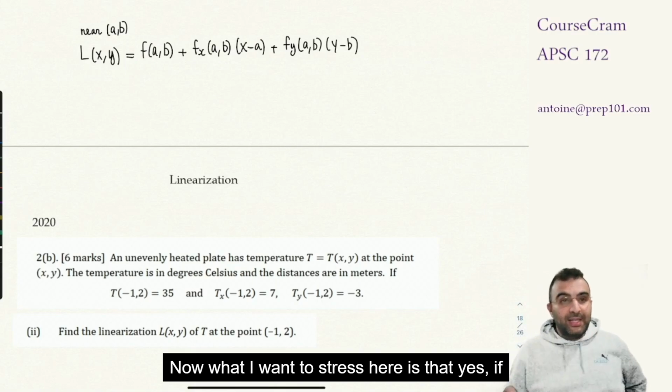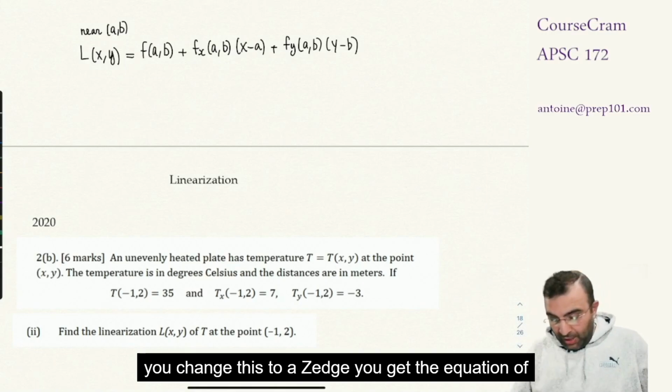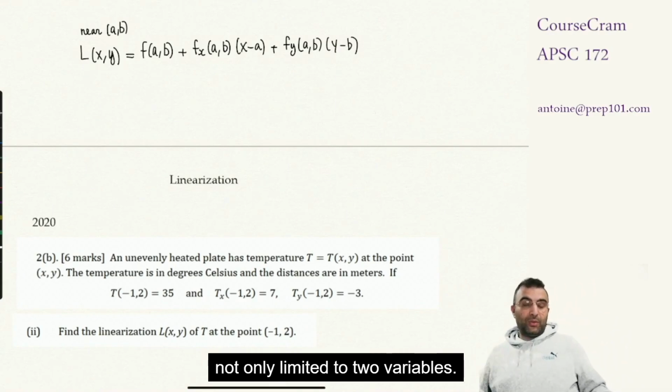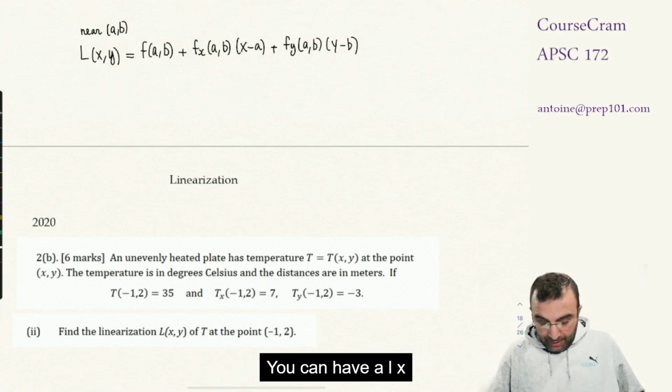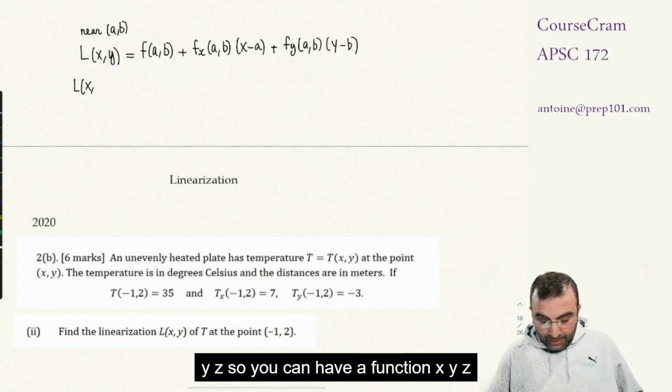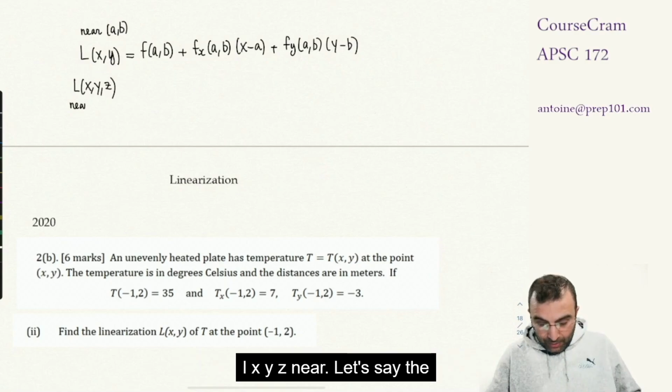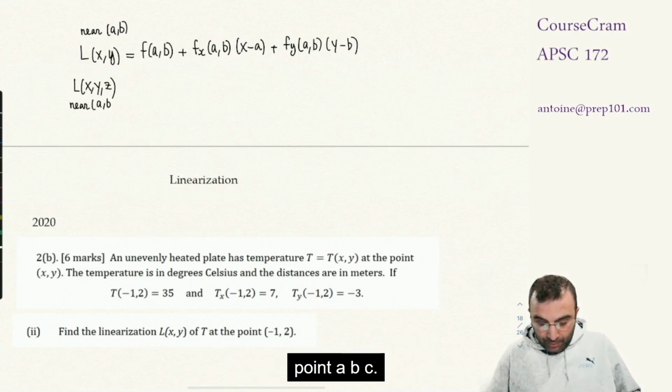Now what I want to stress here is that yes, if you change this to a z, you get the equation of the tangent plane, but linearization is not only limited to two variables. You can have a function f(x,y,z), and you approximate it by a linearization L(x,y,z) near, let's say, the point (a,b,c).